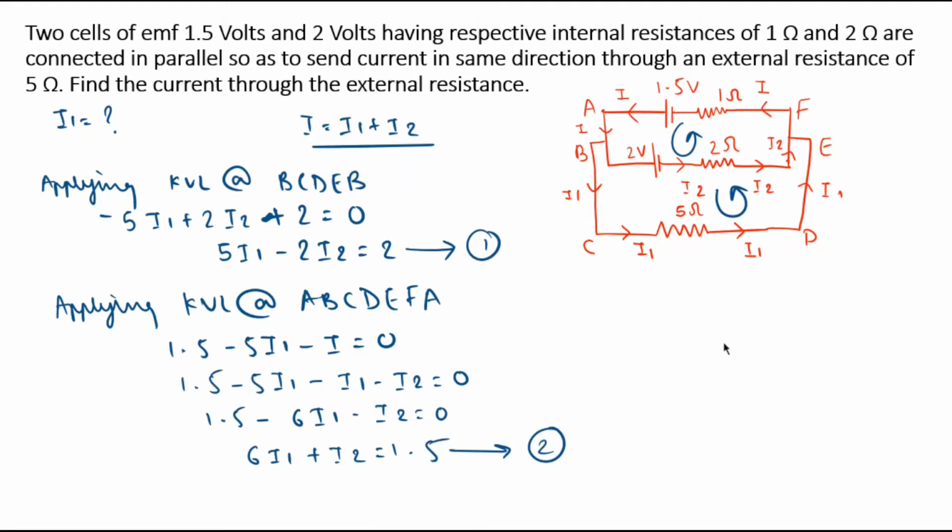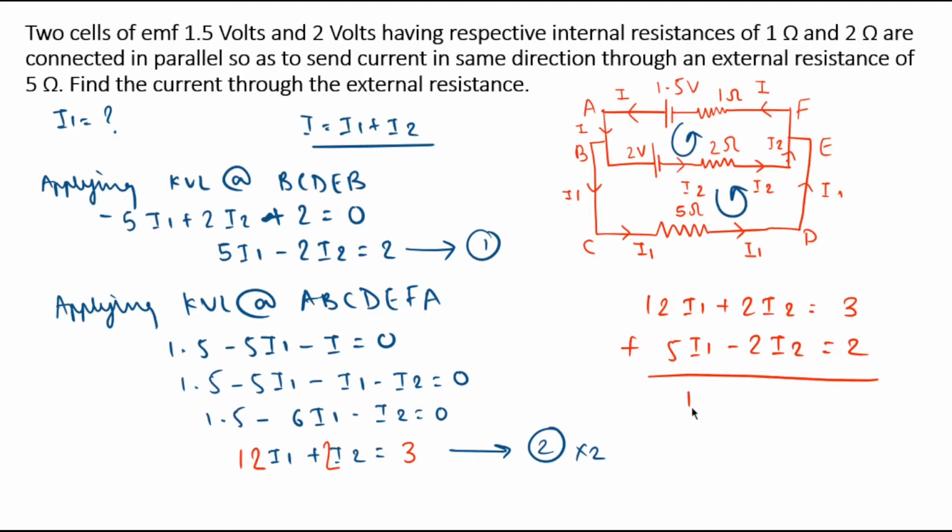Now in order to find out I1, you need to remove I2. So if you multiply equation 2 with 2, you will get 12 I1 plus 2 I2 equal to 3. Now let's add these two equations. So 12 I1 plus 2 I2 equal to 3, plus 5 I1 minus 2 I2 equal to 2.